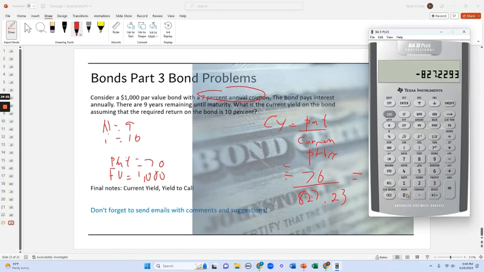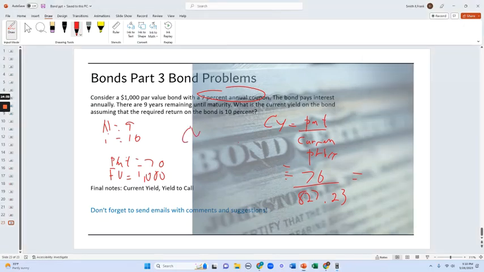Then we have the $70 that we're getting divided by the number we just found gives us a yield of 0.0846. So the current yield on that is 8.46%. It's a two-part problem. You have sufficient information to solve it, but you have to solve for the current price in order to get the current yield.